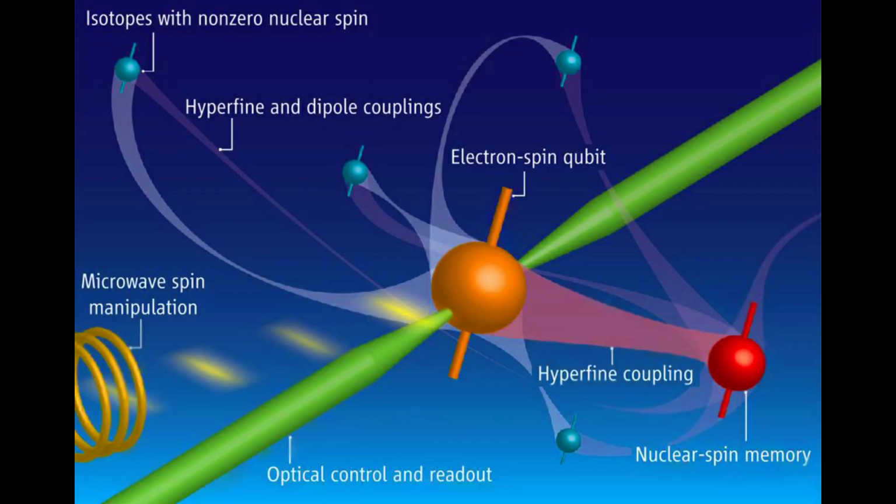Spin up would be 1, spin down would be 0, and it can be anywhere in between, sort of. And so you have collections of these superimposed particles. They're called quantum bits, or qubits, instead of the 1 and 0, which are bits. These have the superposition between 1 and 0. It's a qubit.